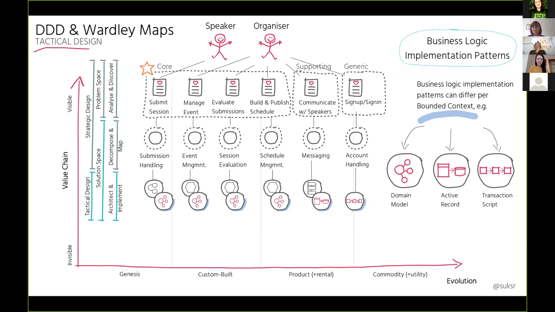Or we can use transaction script as a business logic implementation pattern that organizes your business logic by procedures, where each procedure handles a request from the presentation. And it's very well suited for small applications that do not implement any complex logic.